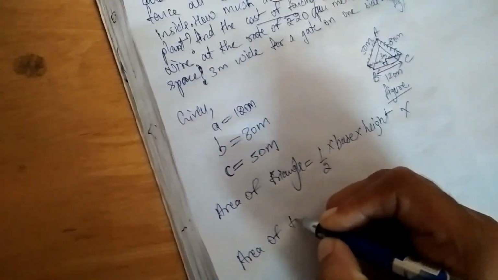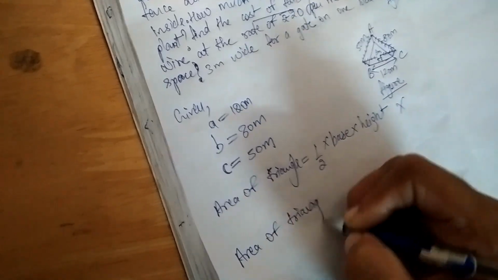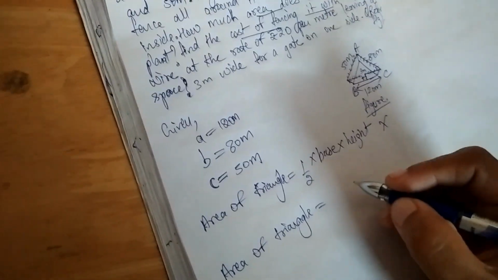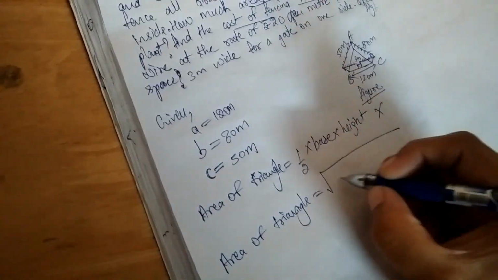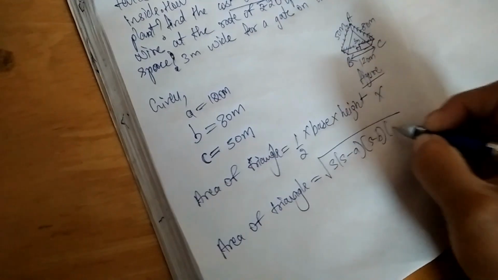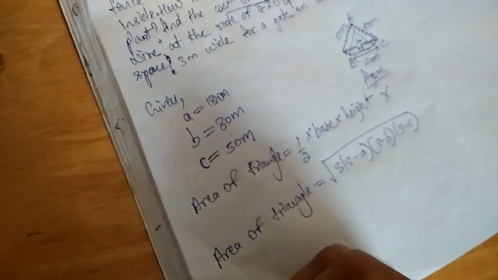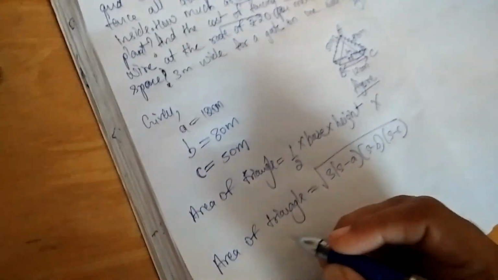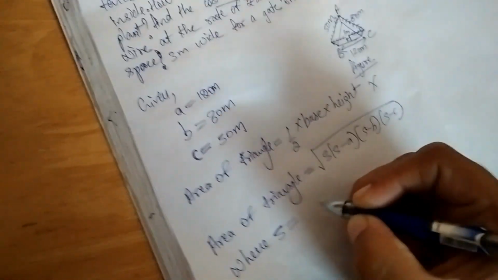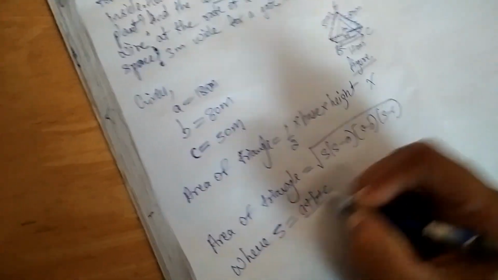Heron's formula. We are going to write root of s into s minus a, s minus b, s minus c. This is our Heron's formula. And what is the value of s? s is equal to a plus b plus c by 2.